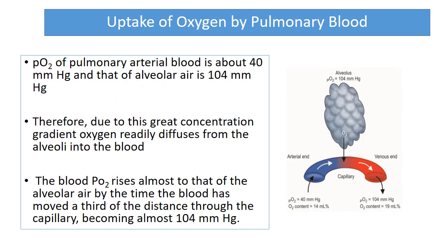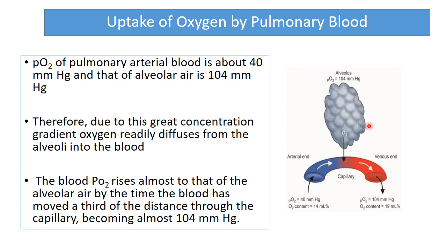Now, the first step is uptake of oxygen by pulmonary blood, or you can say the diffusion of oxygen from the alveoli to the pulmonary capillary blood. Look at the picture.